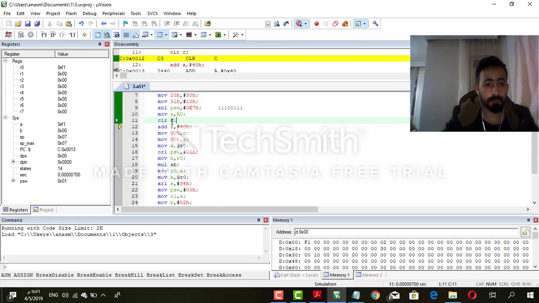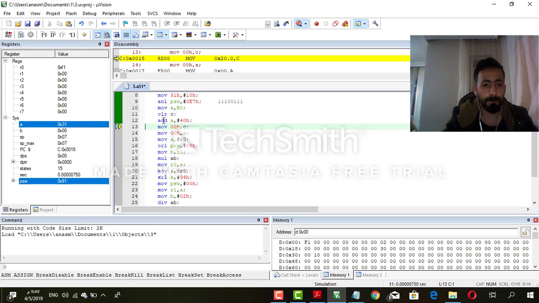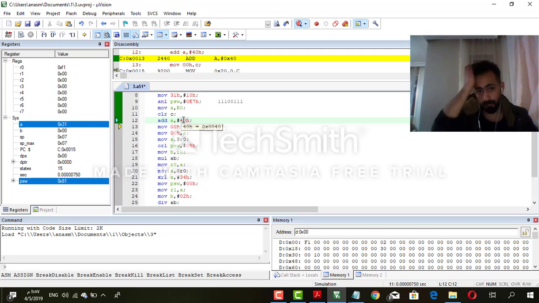After that, clr C. C is the carry flag. Clear means it will delete the carry flag. In the following command, add A, we will add the value of 40 hex to the accumulator. The accumulator was F1, and by adding 40, it will be 31, as we see here.